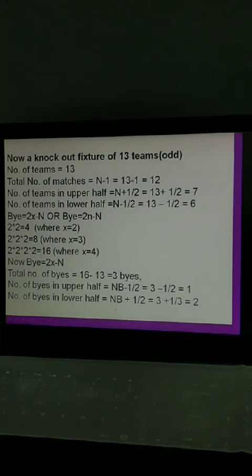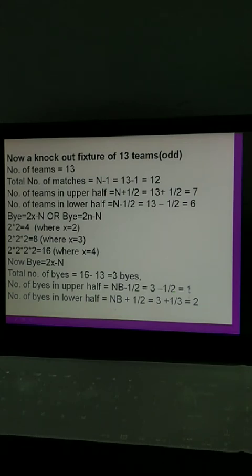So we can see the number of teams are always larger in the upper half and the number of byes are less in the upper half. Number of byes are more in the lower half, but number of teams are less in the lower half.